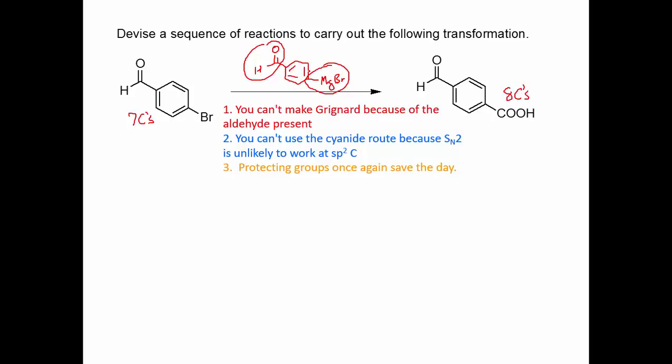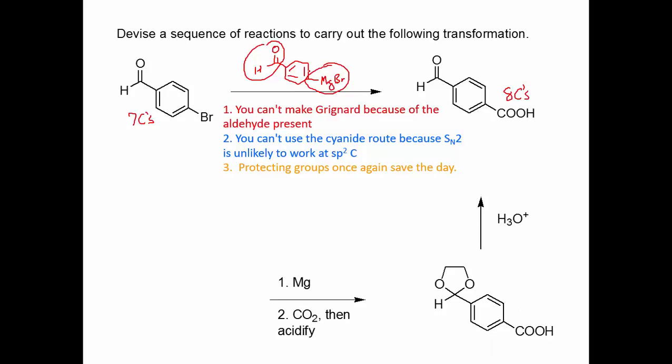So is this an undoable problem? Well, actually, no. This is a prime example of a place where we can use protecting groups to solve a very difficult synthesis problem. Okay, so we're going to use the acetal protecting group.